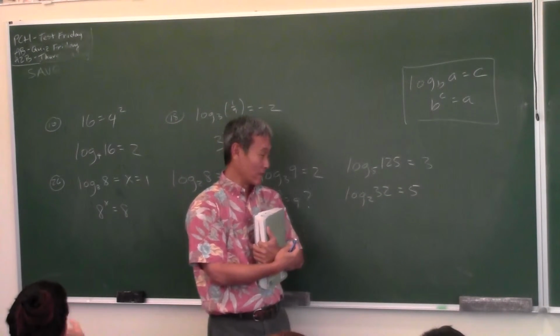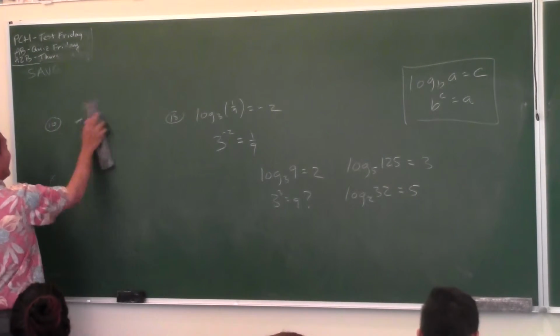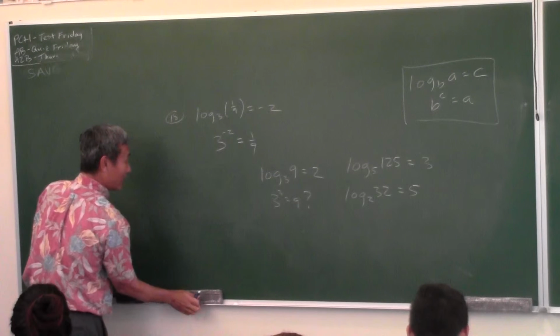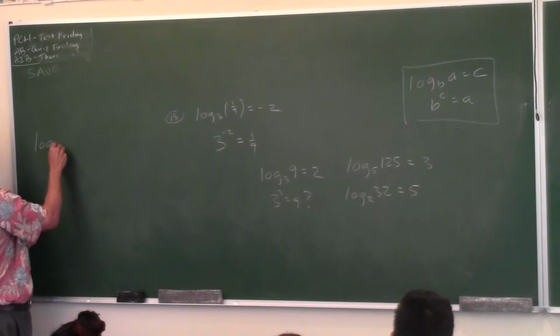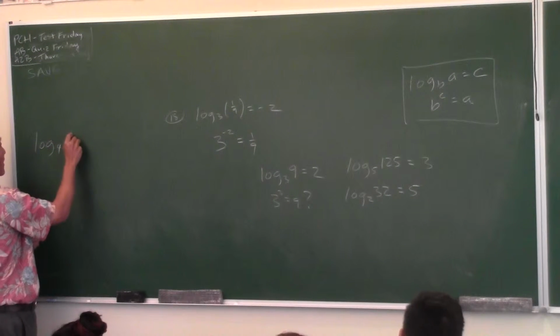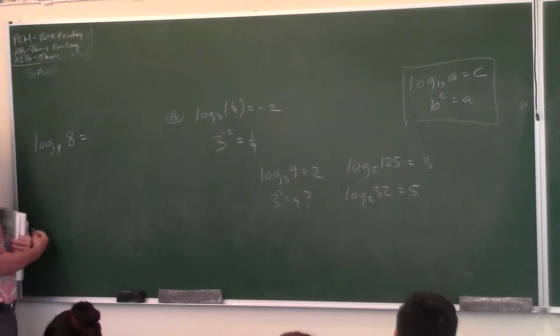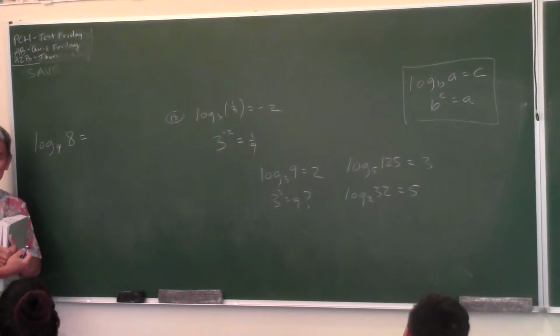Okay, that's all well good and easy, but now what happens if you have something like this? Log base 4, this is a tougher one. Log base 4 of 8 equals what? So 4 to the what power equals 8?